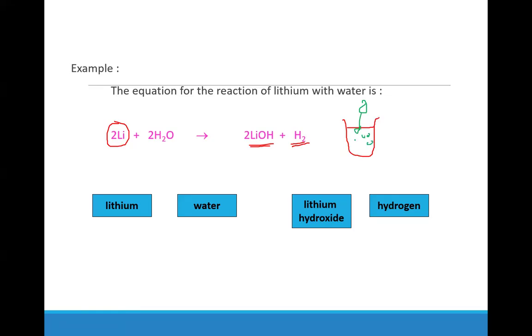It makes a lot of sound, and in some cases it will even catch fire. It forms this alkaline solution of lithium hydroxide. This is an alkali, a basic compound, and it will also form a lot of bubbles, so hydrogen gas will also be released.